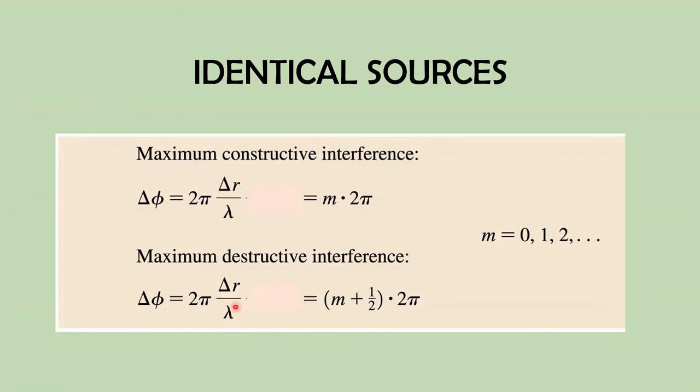If you'd like maximum destructive interference, if you want those waves to annihilate each other, so to speak, then you need an odd multiple of pi radians to be your phase shift due to the path length difference. Now, saying an odd multiple of pi, that's pi, 3 pi, 5 pi, that's the same as saying a half integer multiple of 2 pi.